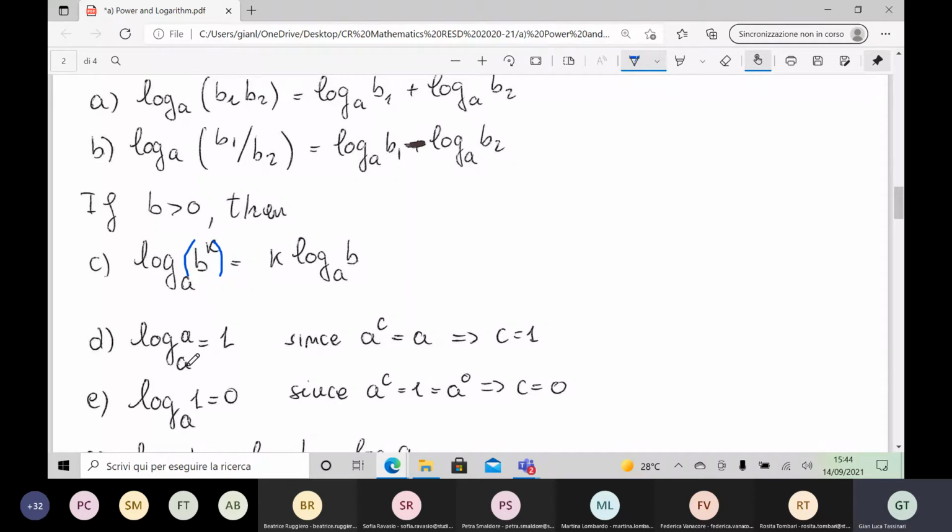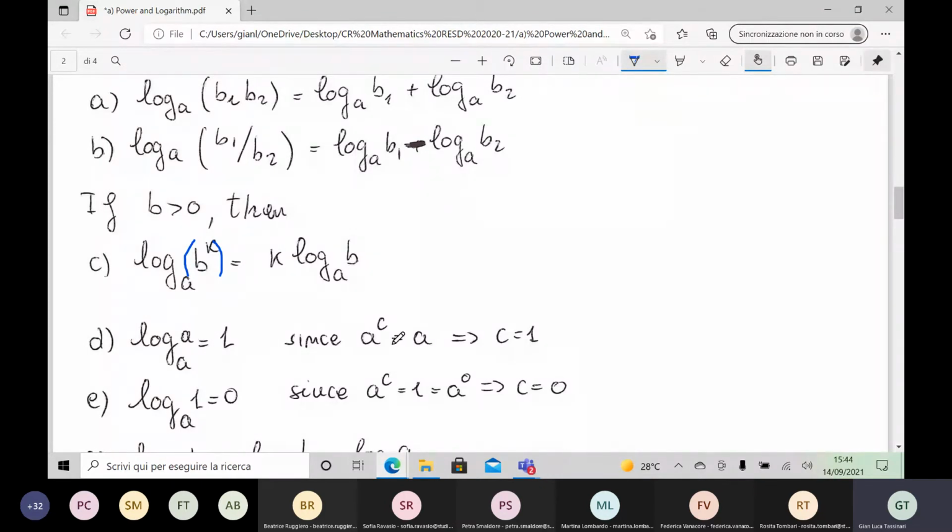By definition, the logarithm is the exponent you have to give to the basis A to get the argument, which is A itself. Obviously, C must be equal to 1. So in general, the logarithm with basis A of A is equal to 1. Logarithm with basis 3 of 3 is 1. Logarithm with basis 2 of 2 is 1.